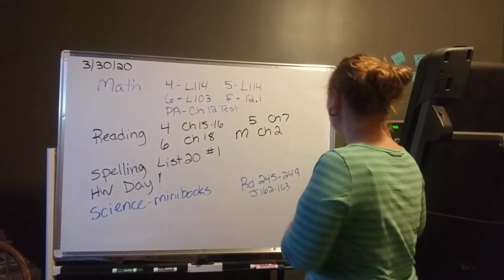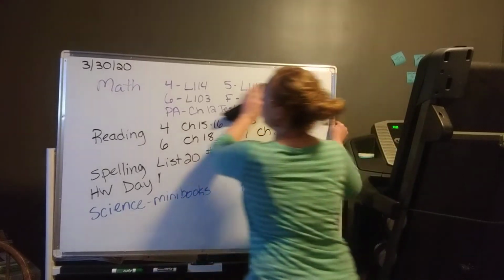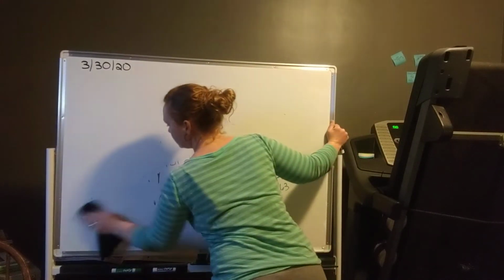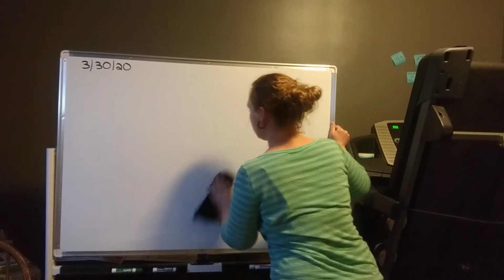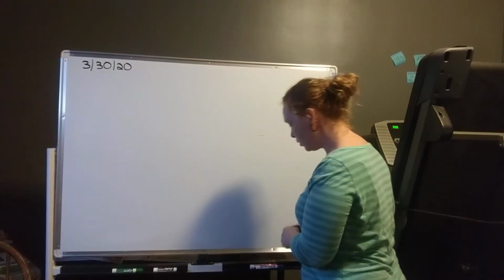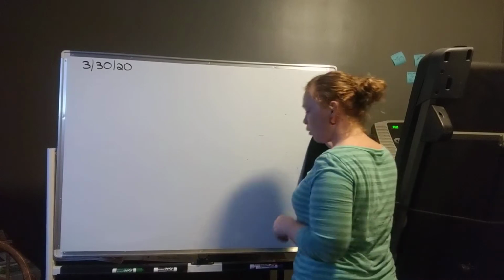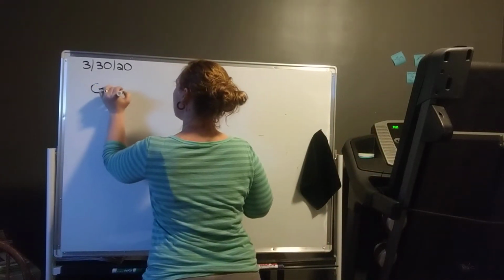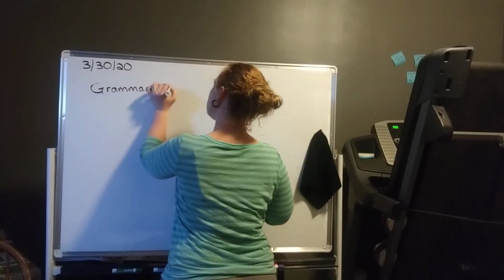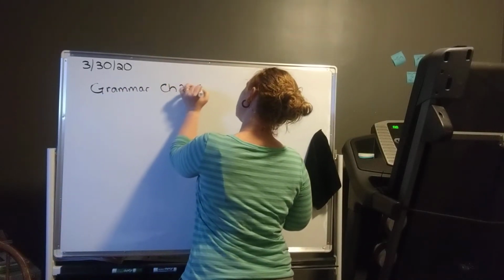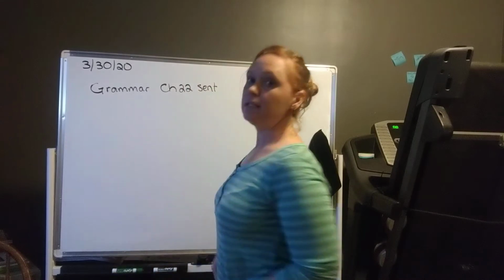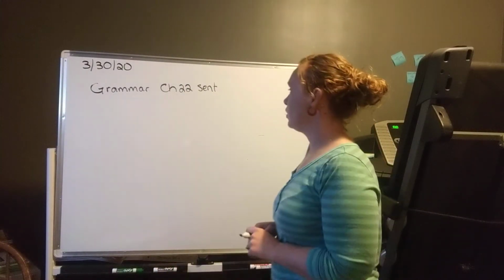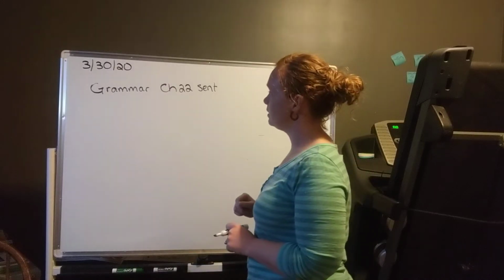Next is grammar. For grammar this week, we are only going to be doing sentences. So if you are in my red, blue, or orange grammar, we're on chapter 22, and you're going to be doing the sentences. Now with these sentences, there is a video, so make sure that you pull that video up before you get to those sentences.